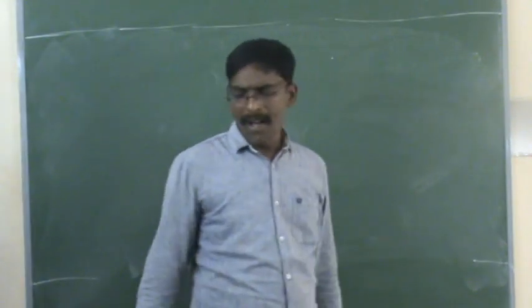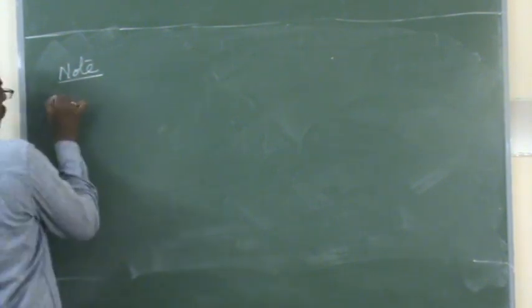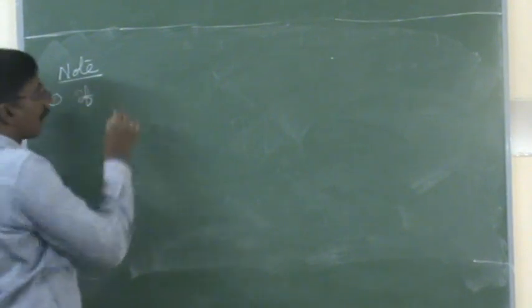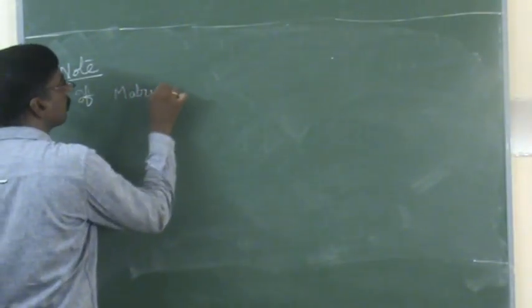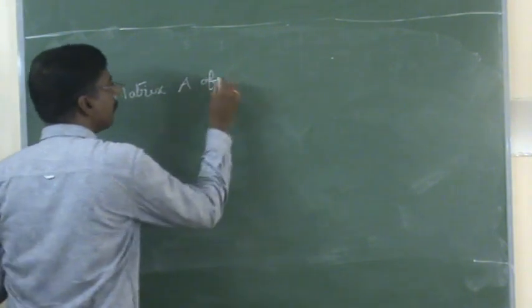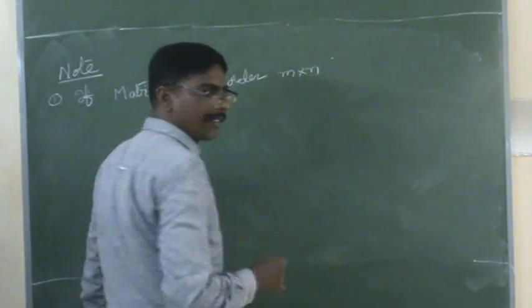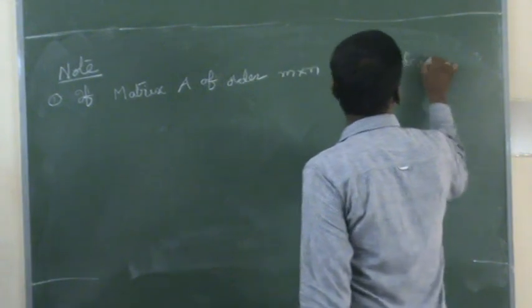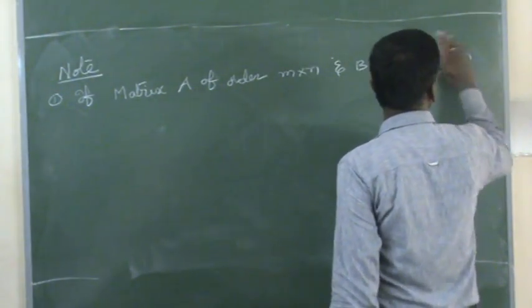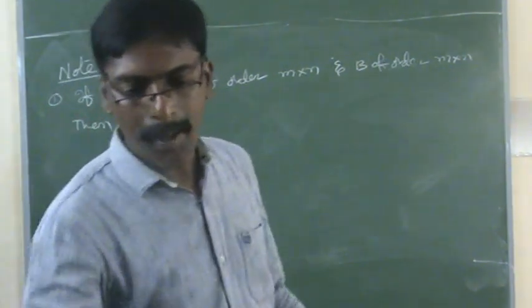Yes, coming to the important information, that is, note: if matrix A is of order m by n, meaning m rows and n columns, and matrix B is also of order m by n, m rows and n columns, then addition A plus B is possible, okay?